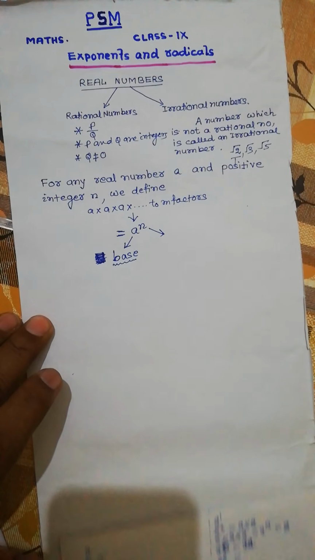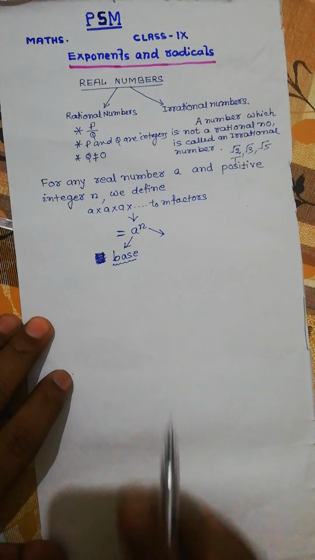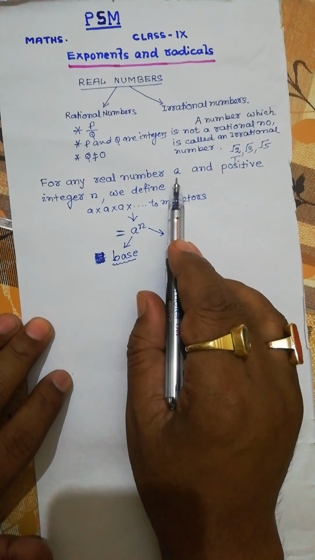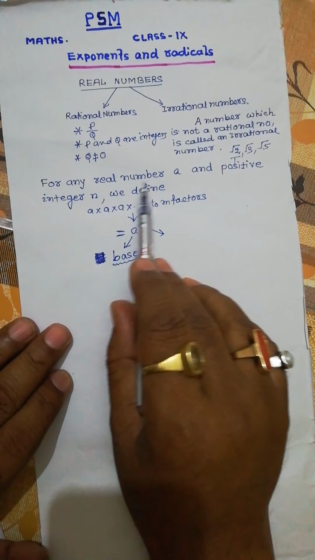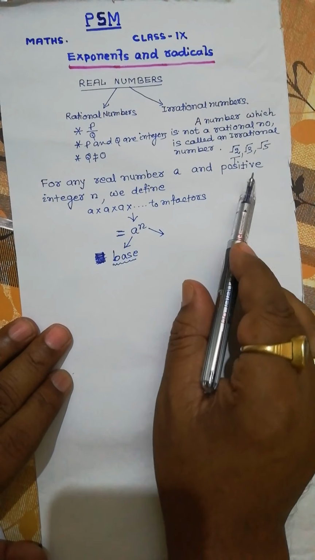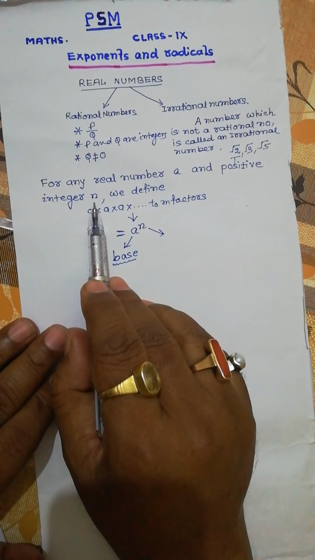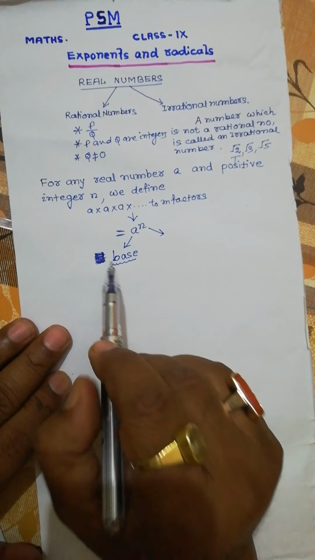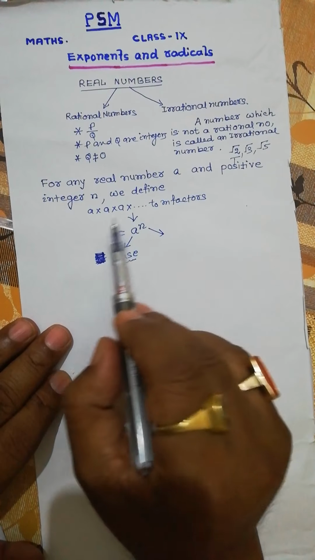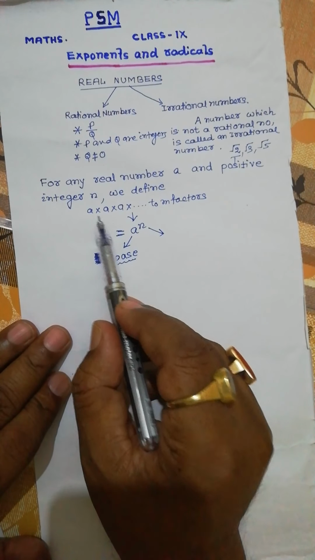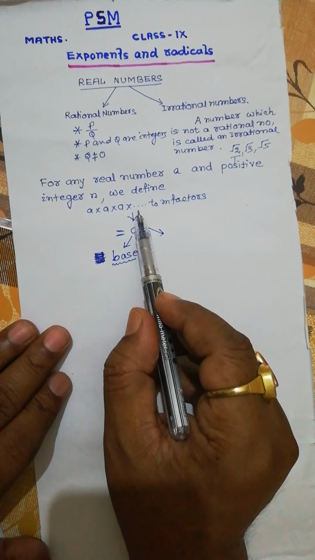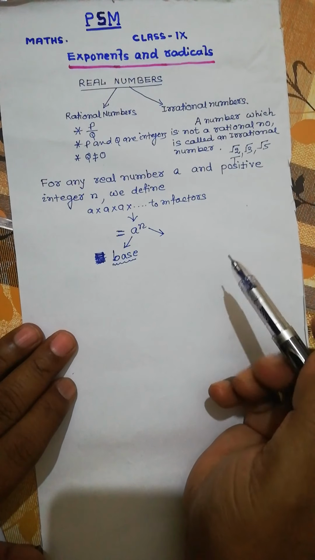So for any real number a, the number should be a real number. For any real number a and positive integer n, if we define multiplying this a n times, we are getting a into a into a into a dot dot dot to n factors.